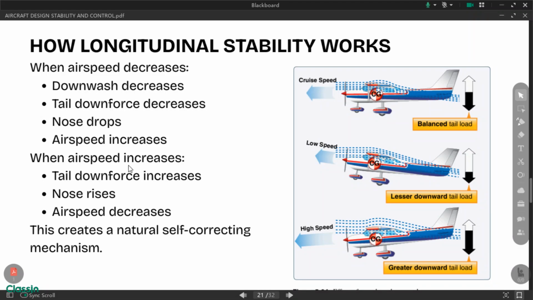And pag nag-drop naman yung nose natin, yung airspeed natin, it would increase. Okay? So, as airspeed increases, yung downwash natin would increase again. Tapos pag nag-increase yung downwash, yung tail natin, yung stabilizers natin, would generate more downward force. So what would happen to the nose is it would rise again.